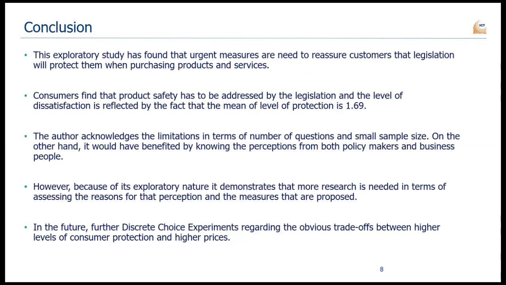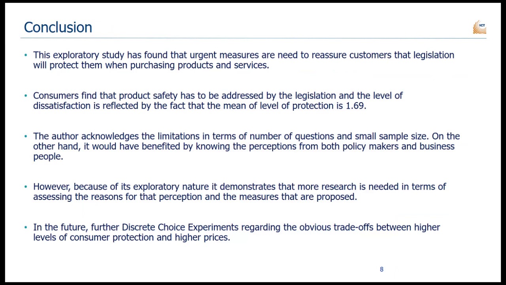So what we found is that there is an urgent need to set some kind of references in the UAE market and new rules, policies, and procedures in order to protect the customers. It seems that clients in the UAE have misleading information about the product. They do care a lot about product safety.